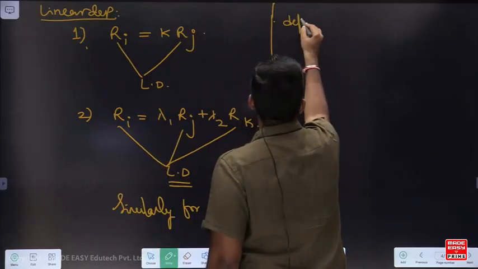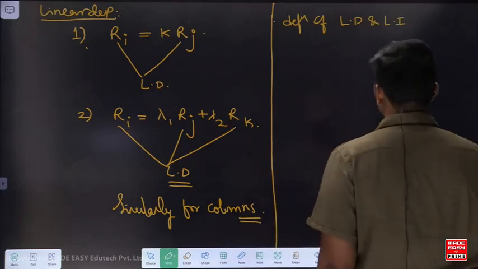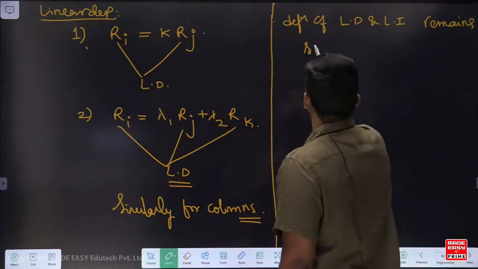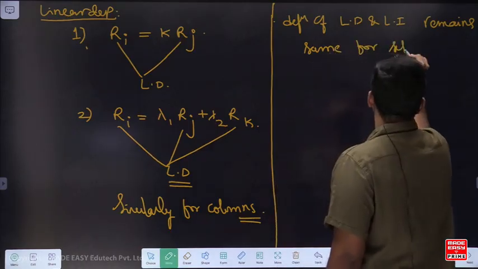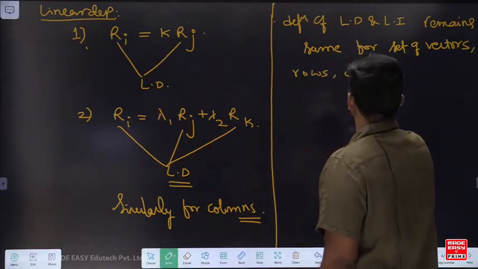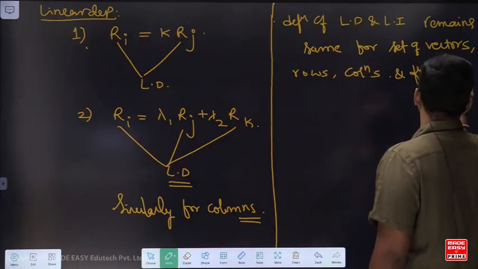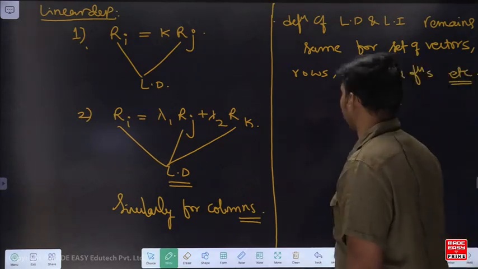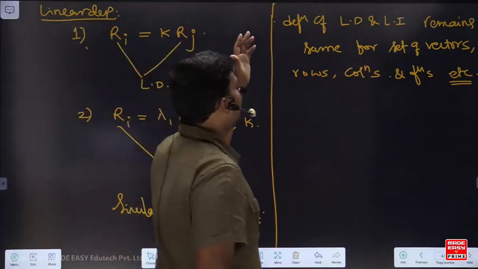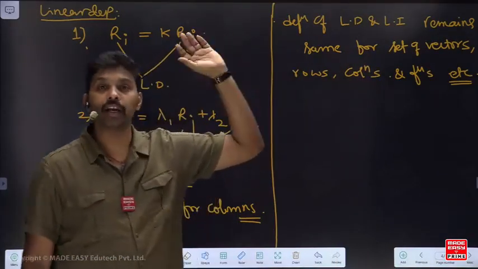The definition of linear dependency and linear independency remains the same for the set of vectors, rows, columns, and functions, etc.